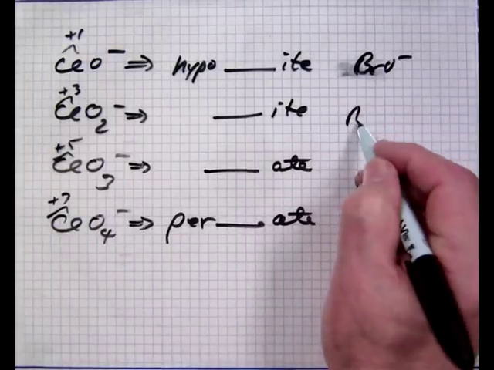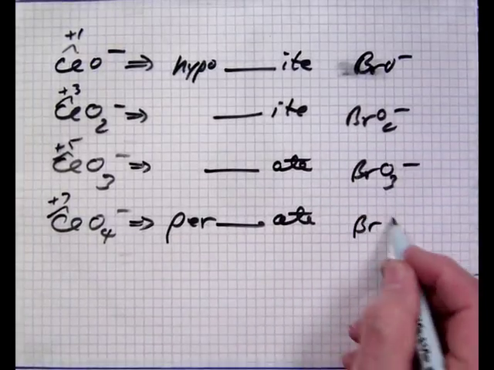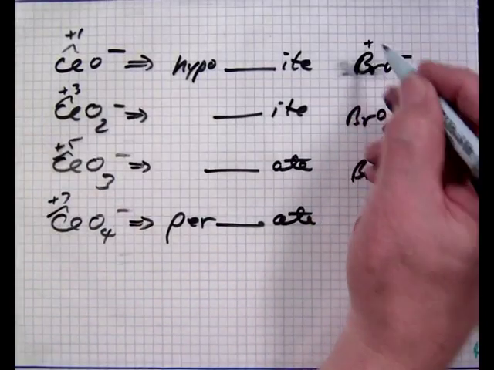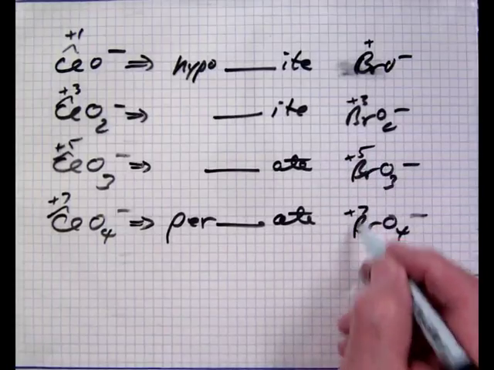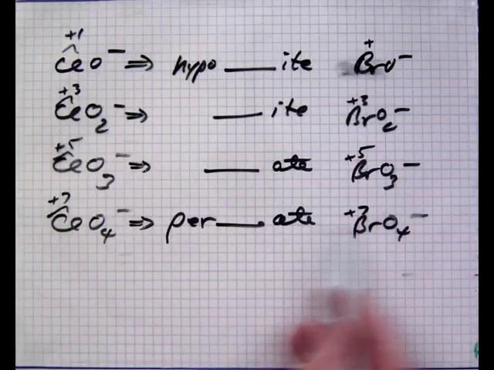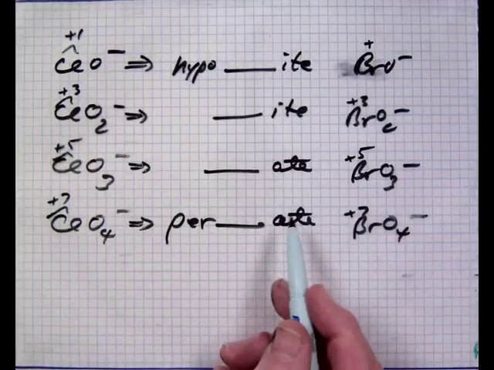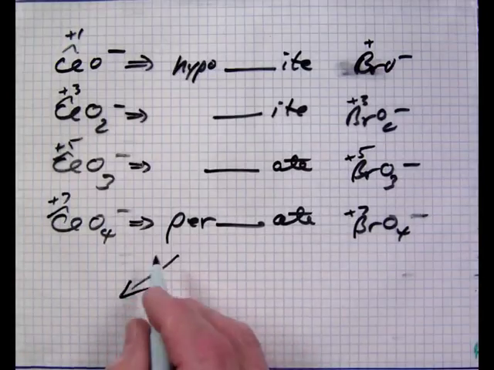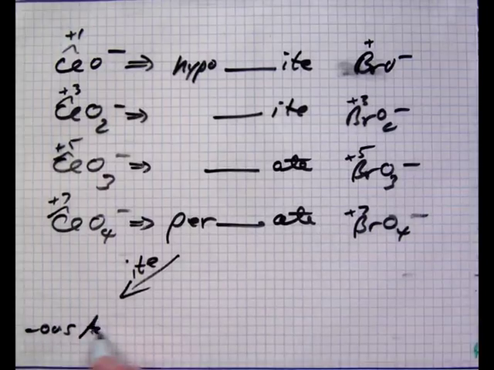So if we wanted to name BrO, BrO2, BrO3, BrO4, well, these have the same kind of issue. That's a +3, +5, +7. So if you have a +7, that's going to be a per-, what would you put there? Bromate, and so forth. Then, if you needed to make an acid out of this, an -ite ending becomes -ous acid.